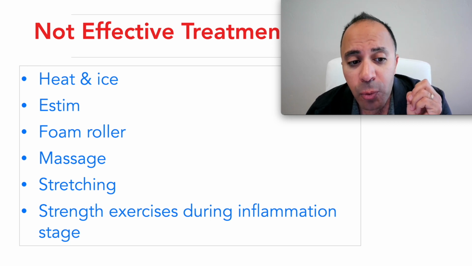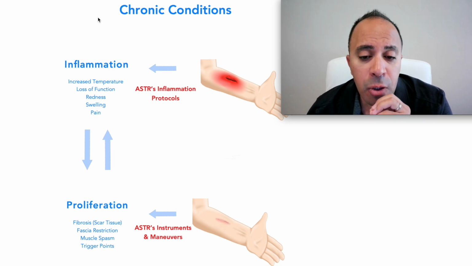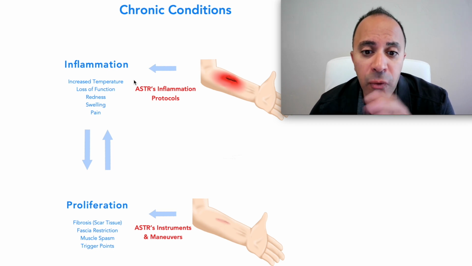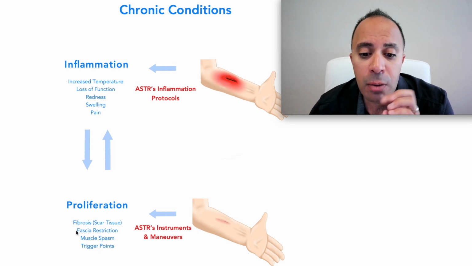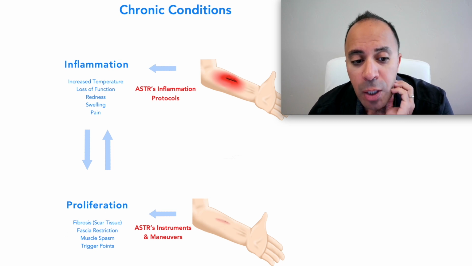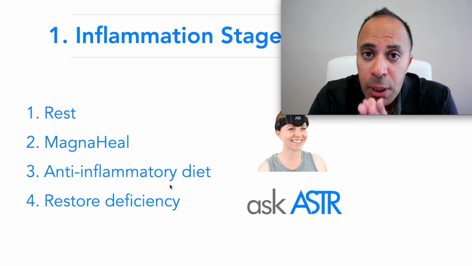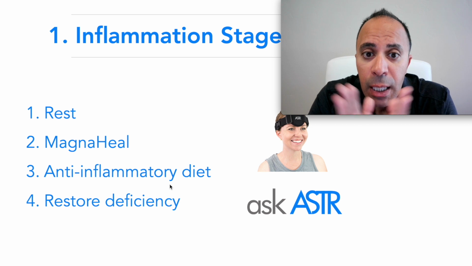So, how do we treat sciatica? We really need to address the healing cycle. I'm going to go over the inflammation, what I usually do to decrease it, and then what we're going to do to break the proliferation stage. So first, inflammation. If you are in acute sciatica pain, rest.